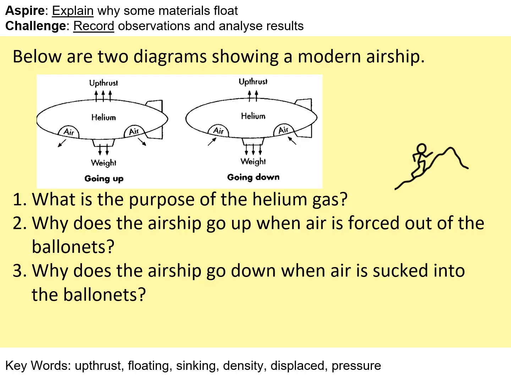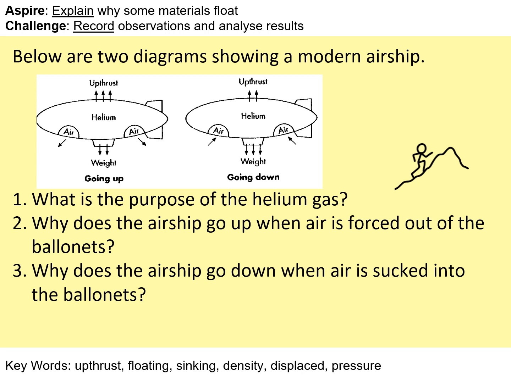Here are two situations that you would have with this airship: one where it needs to go up, and the other where it needs to come back down to the land. I want you to have a look at these three questions and try to work out the answers. This is a bit of stretching and challenge for you. Question 1 is, what is the purpose of the helium gas, which isn't too hard.